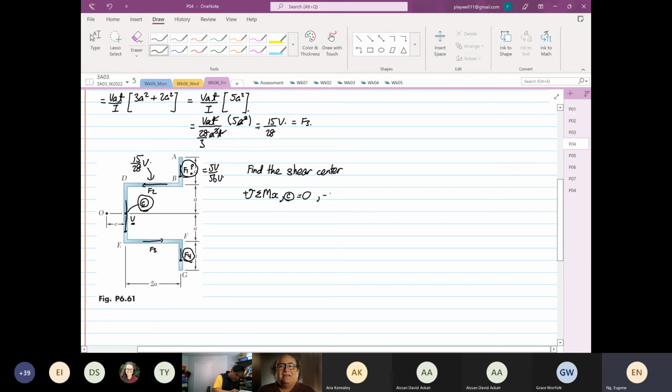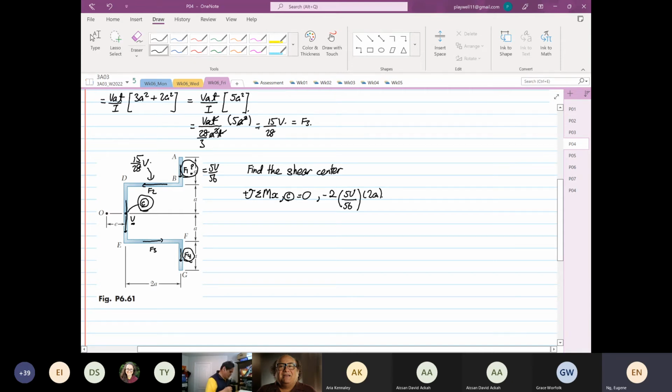So minus twice, because of F1 and F4, 5V over 56. And then the perpendicular distance is 2A.